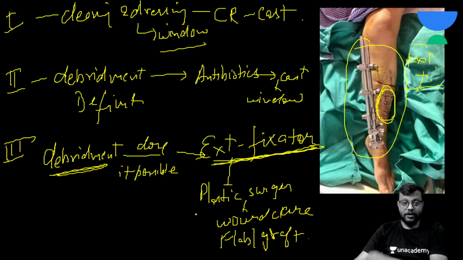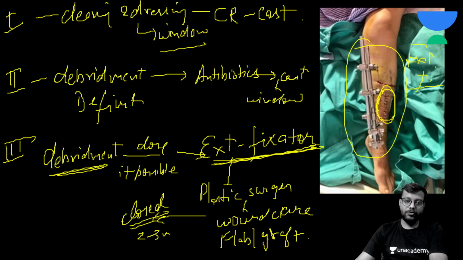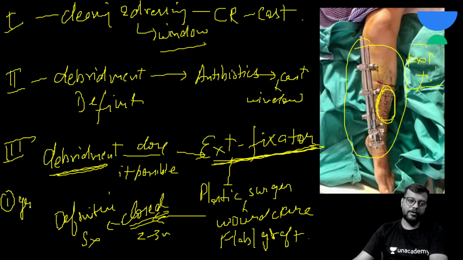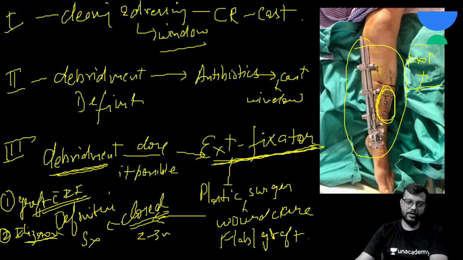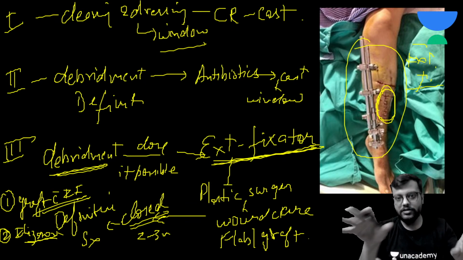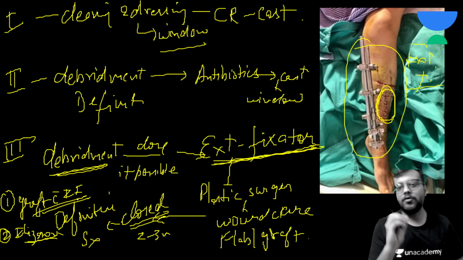And when the infection subsides and this open fracture becomes closed after like 2 to 3 months, you remove the fixator and then you go for the definitive surgery. And the definitive surgery can be graft with internal fixation, or as we have discussed, Ilizarov technique, Ilizarov ring fixator. Okay, so this is how you manage a compound fracture.